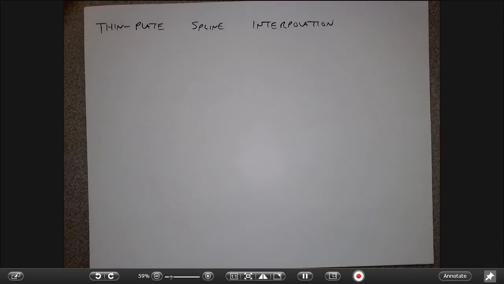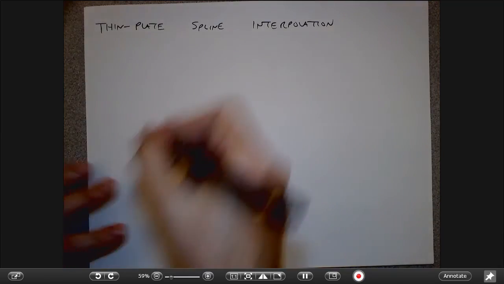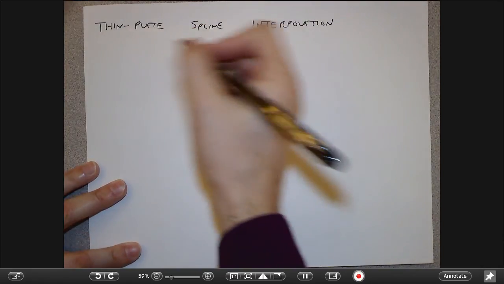It tries to find the lowest energy final position that corresponds to hitting all the points where you've nailed it down. You can find splines in things like boat building, where you're nailing down things in between fixed points. And so the terminology here is a little bit different.